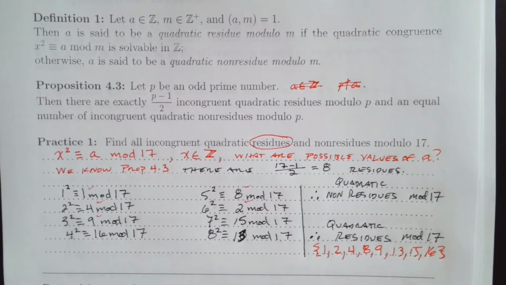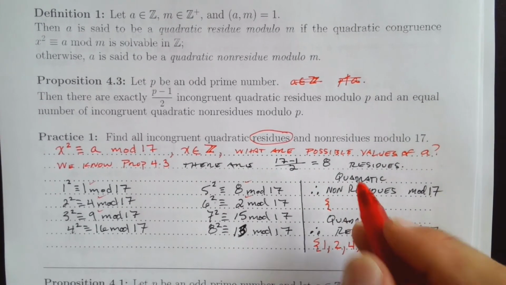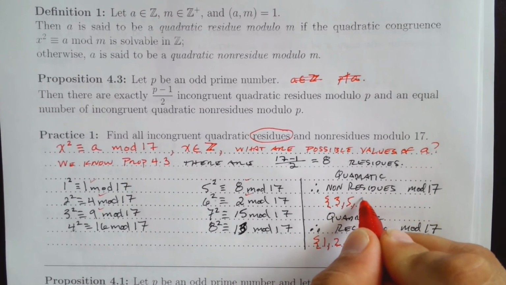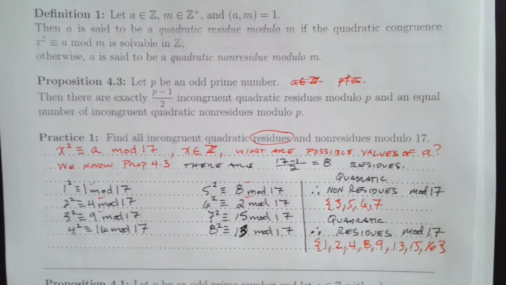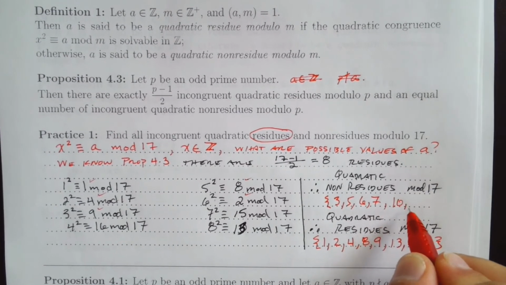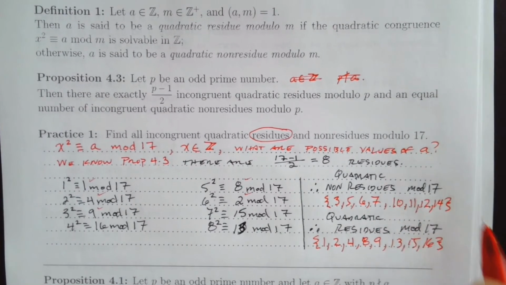What does that mean our non-residues are? Therefore, the non-residues would be 3, 5, 6, 7, 10, 11, 12, and 14.